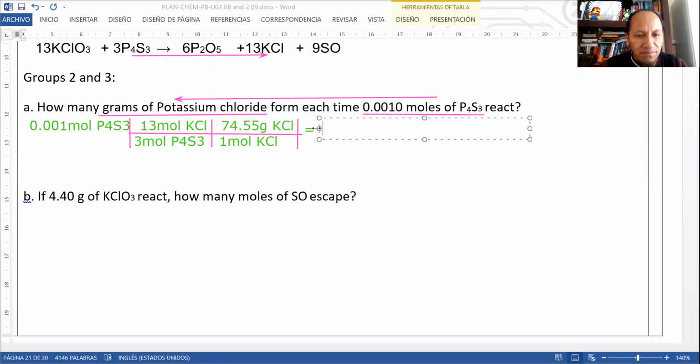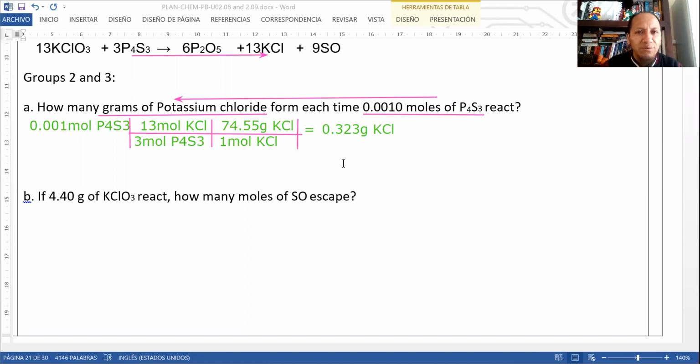You insert those values into the calculator: the upper part times the upper part times the upper part, divided by, open parentheses, 3. In this case it's over only 3, but there could be longer calculations, which you're about to see. It is 0.323 grams of KCl, okay? That would be the answer for that one.